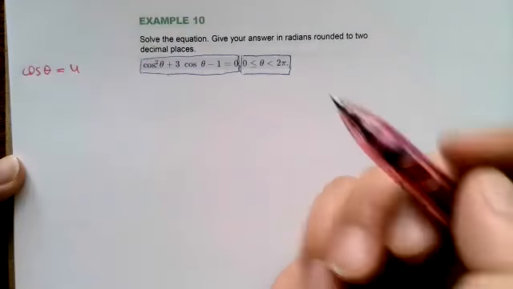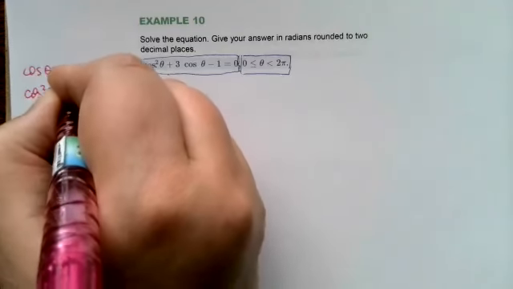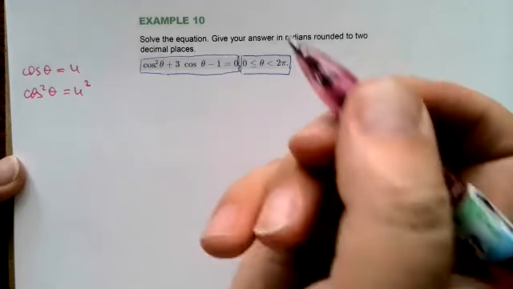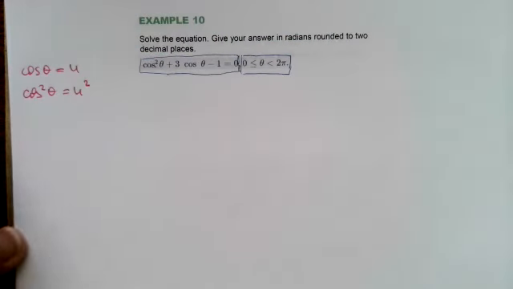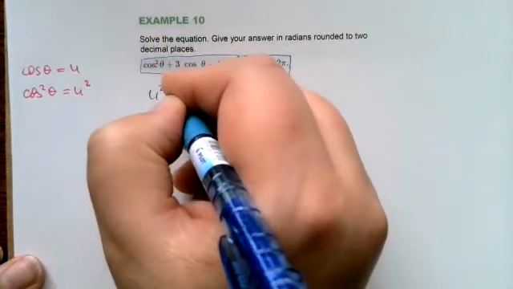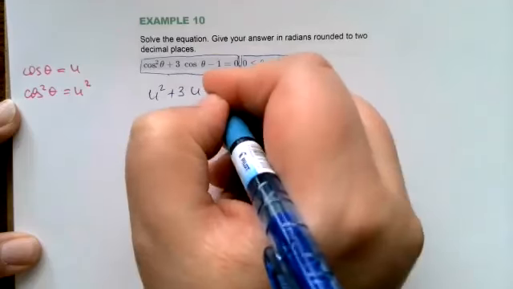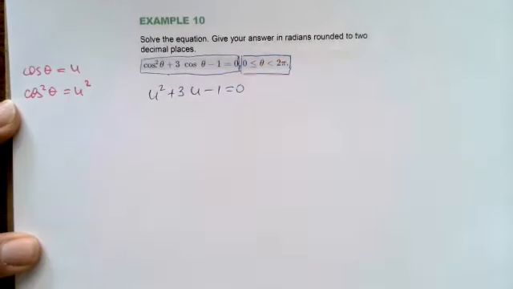If cosine theta is u, then cosine squared theta is going to be u squared. And now I'm going to substitute. So cosine squared theta is u squared plus 3 cosine theta, which is just u, minus 1 equals 0.